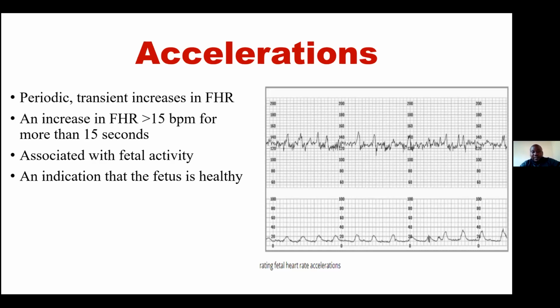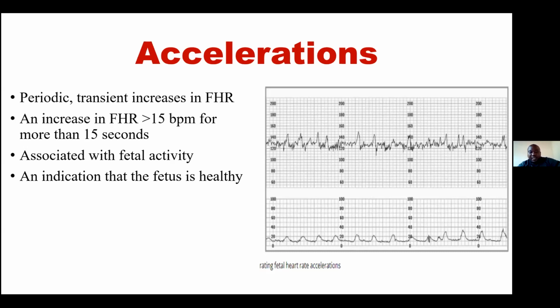You will see on the top there is some movement, but the variation is between 120 and 150, around 145. These are normal variations and a good sign of fetal viability and a healthy fetus. It has to increase more than 15 for enough seconds, which means the fetal activity is normal.